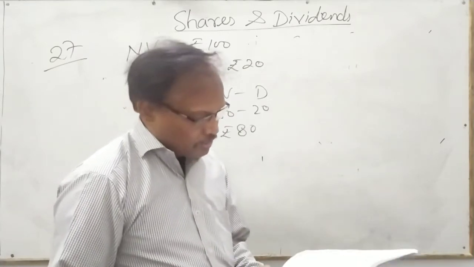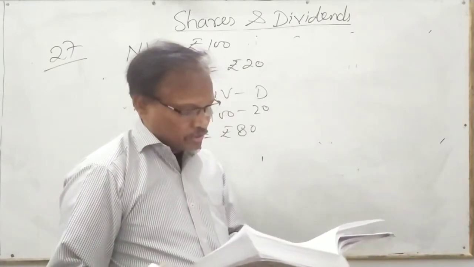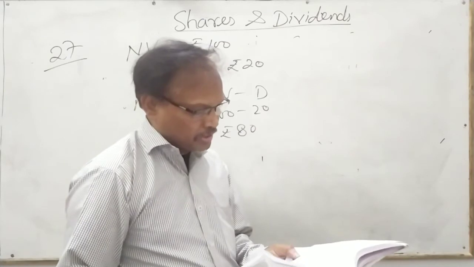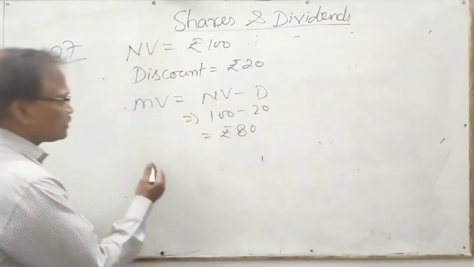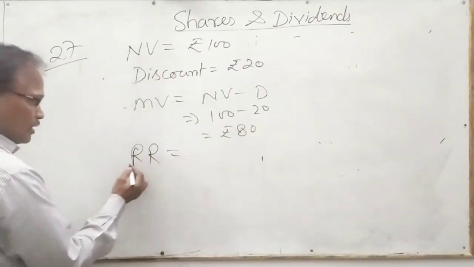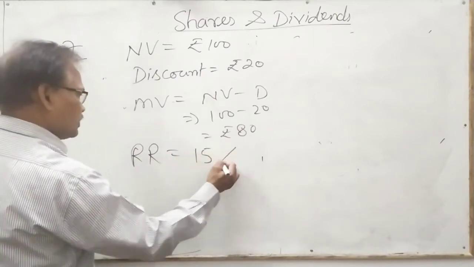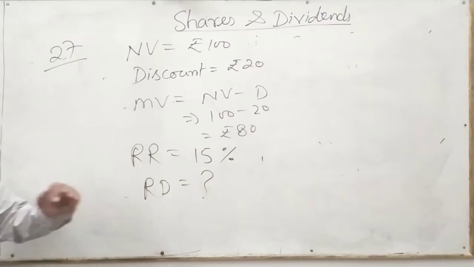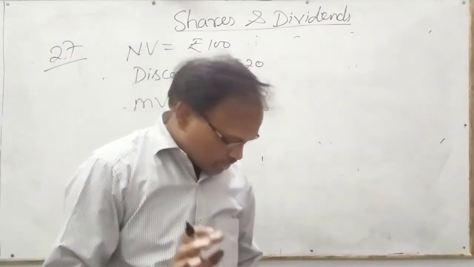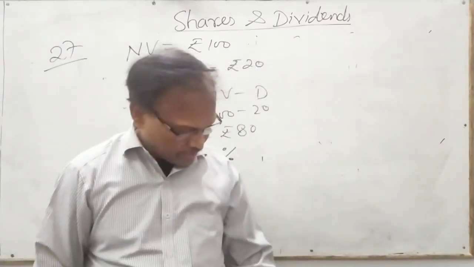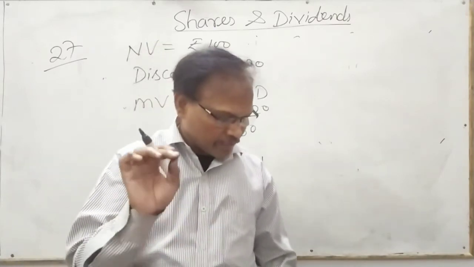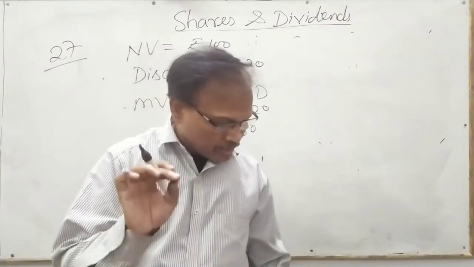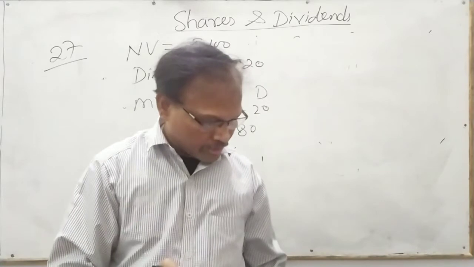If the return on the investment is 15%, rate of return is given 15%, find the rate of dividend. It is asking rate of dividend. फिर से क्वेश्चन हम पढ़ देते हैं, that is 27. Rupees 100 shares of a company are sold at a discount of rupees 20.